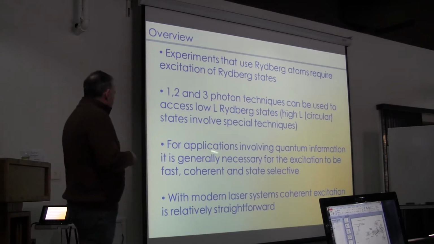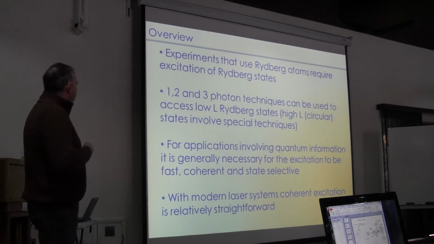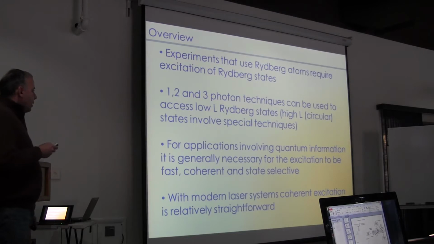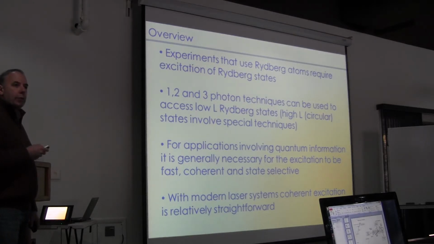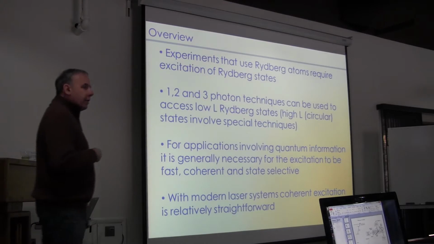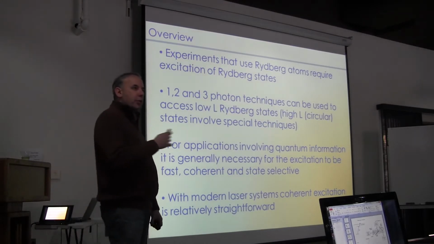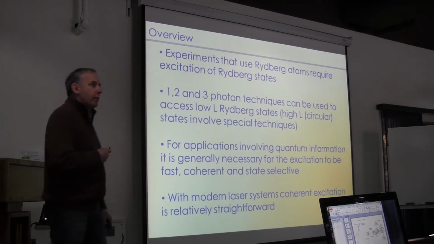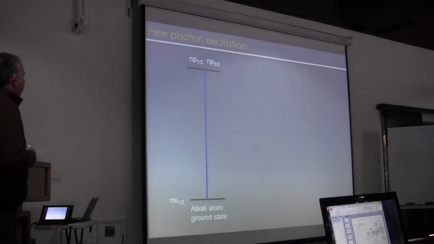As I said, for applications involving quantum information, we need the excitation to be fast, coherent, and state selective. And I'll show you some details about that. With modern laser systems, the coherent excitation is relatively straightforward. Some of this material I'll go into great depth with and really show you the details of how you think about these things. Some of the topics I'll just mention and point you to some literature, but won't have time to go into details about.